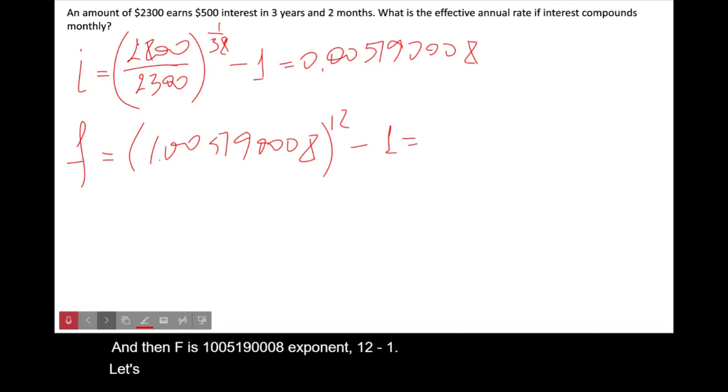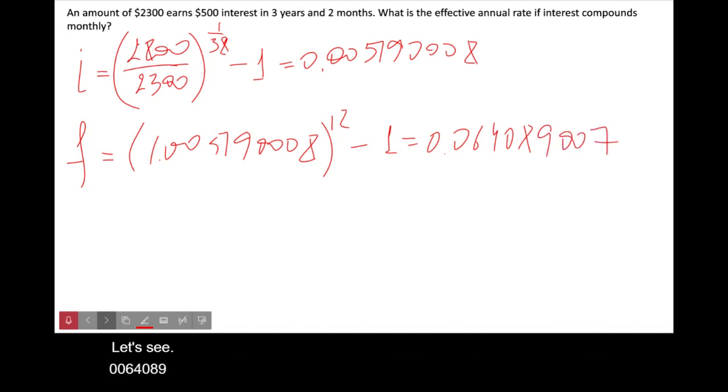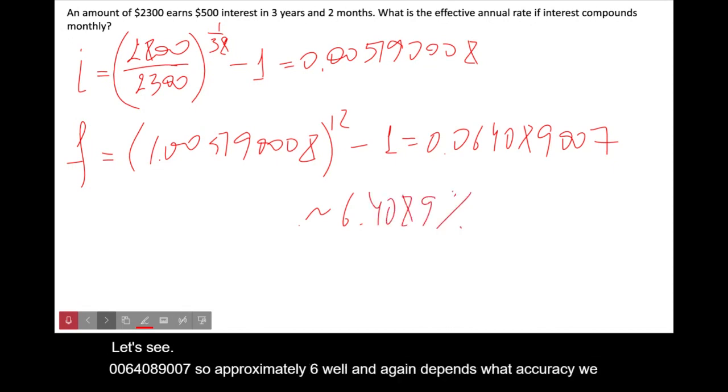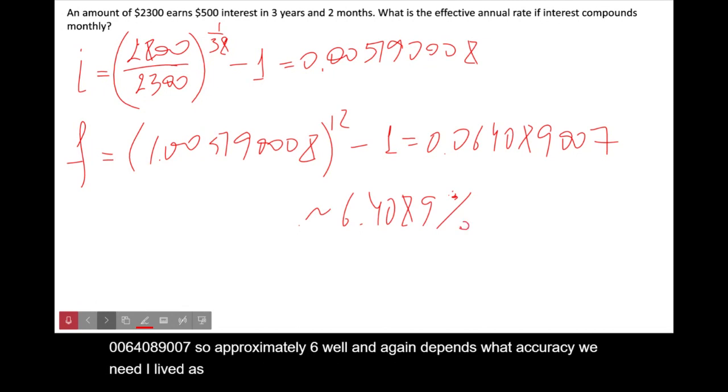Let's see. 0.064089007, so approximately 6. Well, and again, it depends what accuracy we need. I leave it as this.